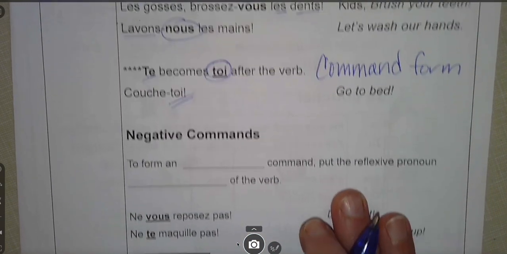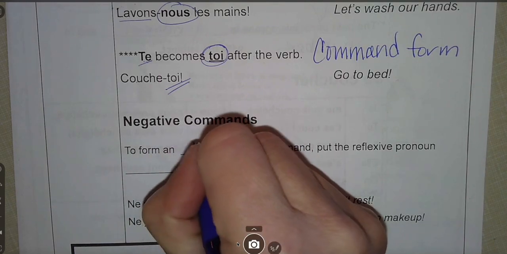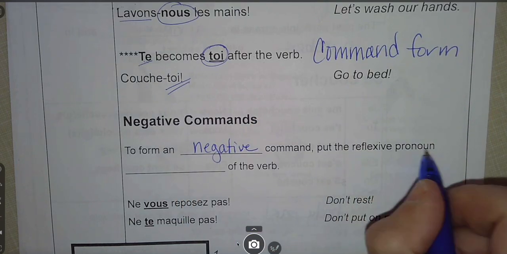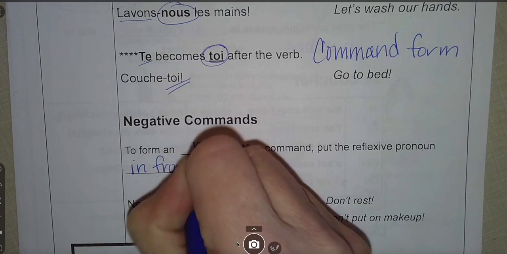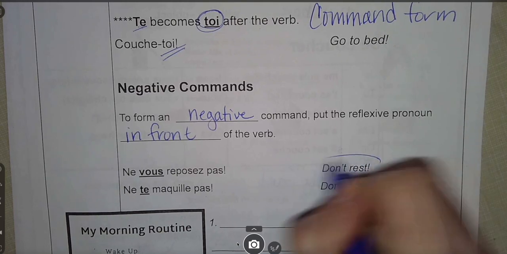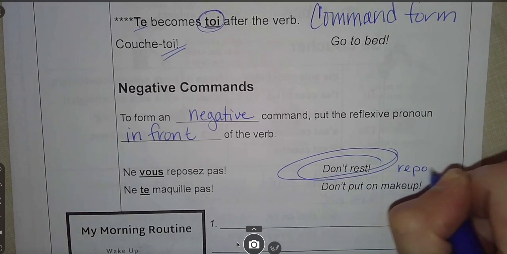All right, let's take a look at the negative. To make a negative command, like don't go to bed, don't get up, don't brush your teeth, don't wash, whatever it is, to form a negative command, put the reflexive pronoun in front. So now the order is switched. If I want to say don't rest, the verb to rest is reposer.